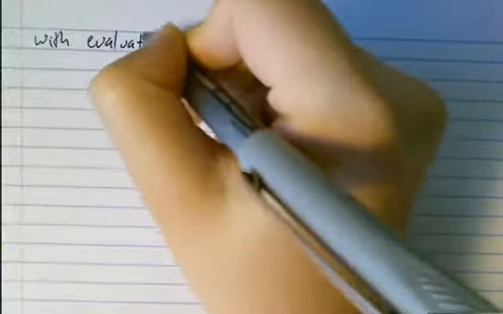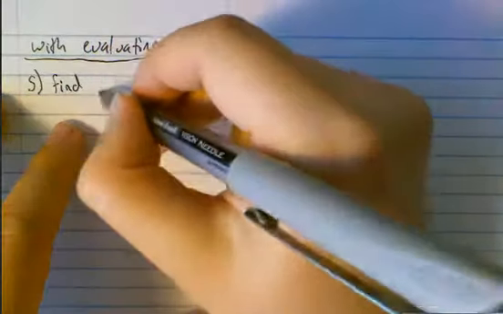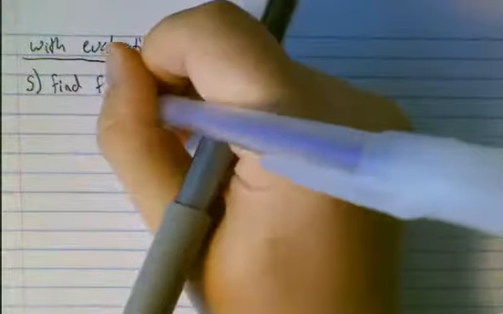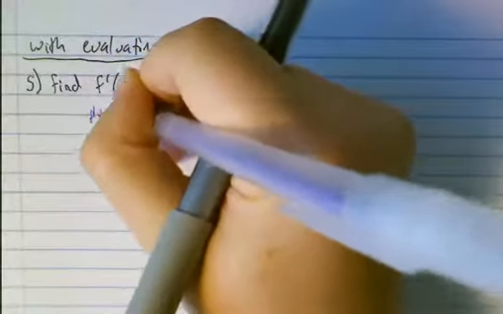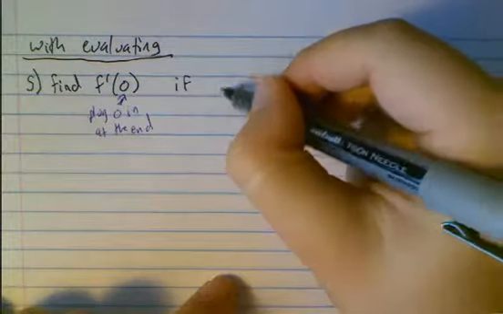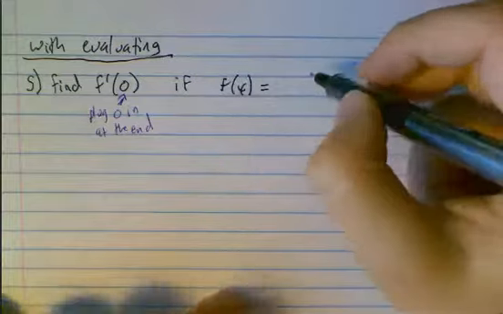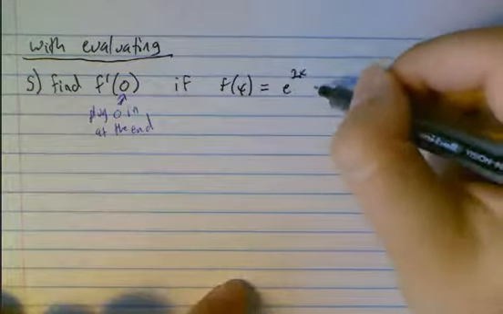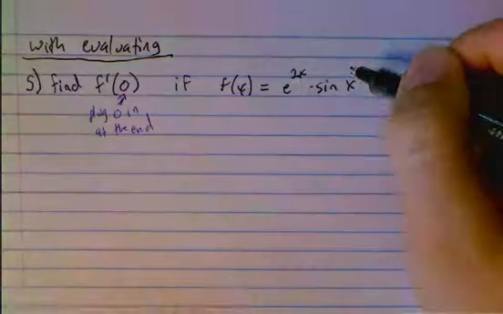The final piece I want to point out to you is that we can also do this with evaluating. So let's find f prime of 0. Notice this is different now. This means plug in 0 at the end. If f of x equals e to the 2x times the sine of x.